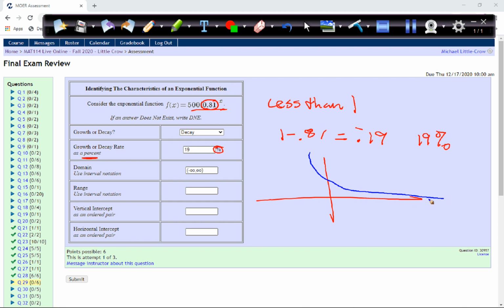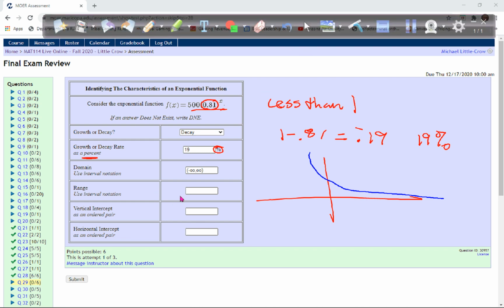It's getting close to 0. It'll never equal 0. And then it goes up to infinity. So that's the range of an exponential function. So we go from the smallest value, which is 0. So 0 is not included, but that's as low as it's going to get. And then the y values go all the way up to infinity.